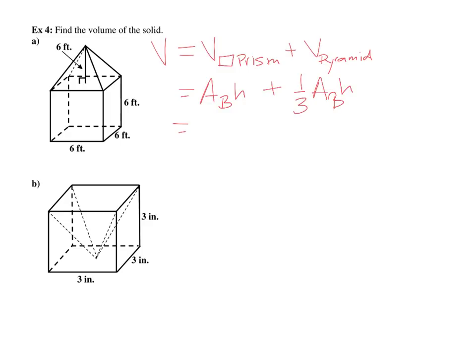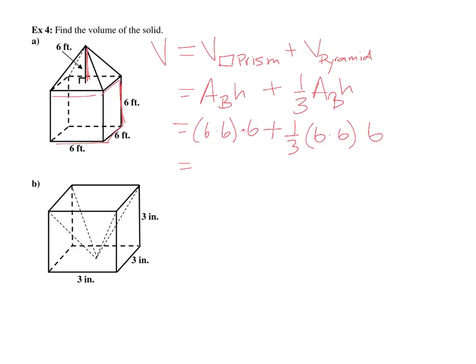All right, area of base of the rectangular prism is 6 times 6 times the height, which is 6, plus 1/3 area of the base for the pyramid is 6 times 6 times the height, which is 6. All right, that's nice.